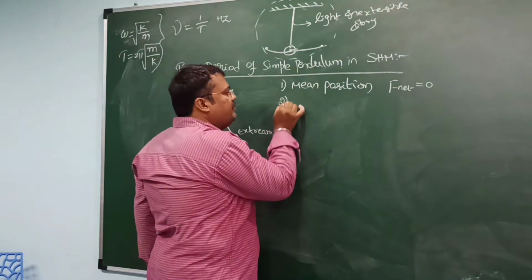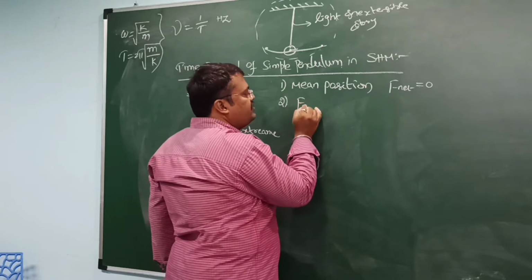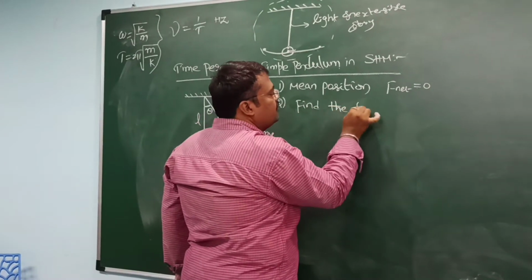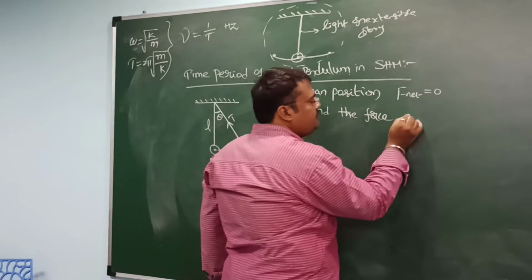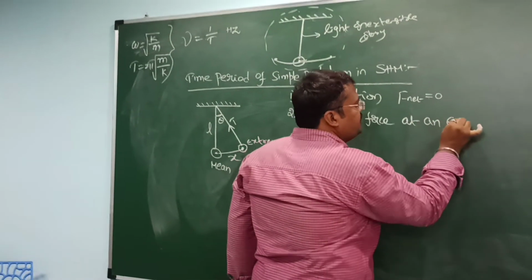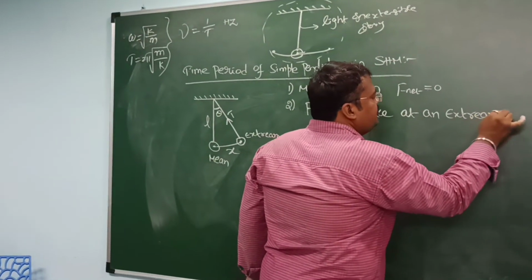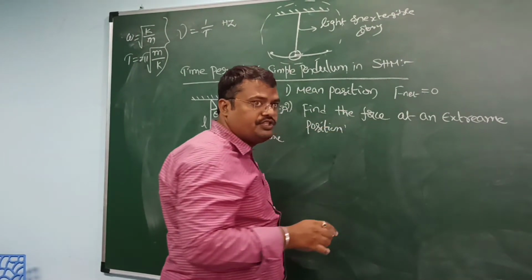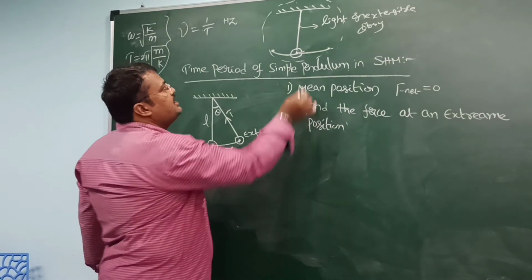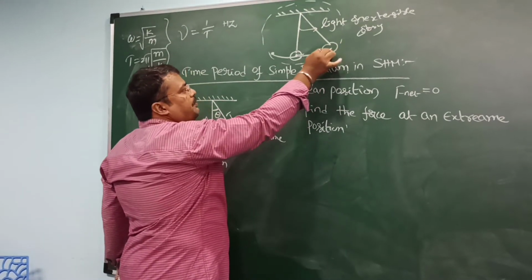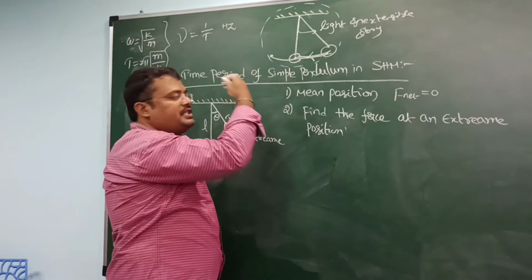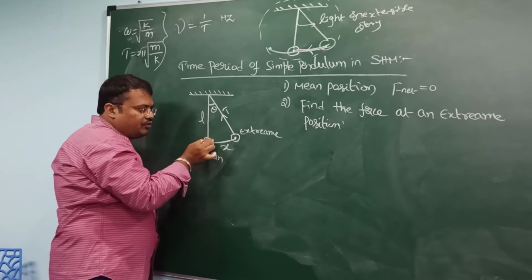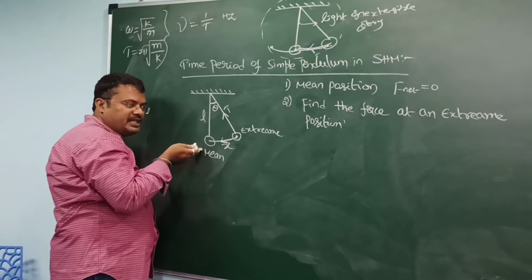And the second one is to find the force at an extreme position. Which force exists at an extreme position? Whenever the pendulum reaches an extreme position, it will try to move towards the mean position again.